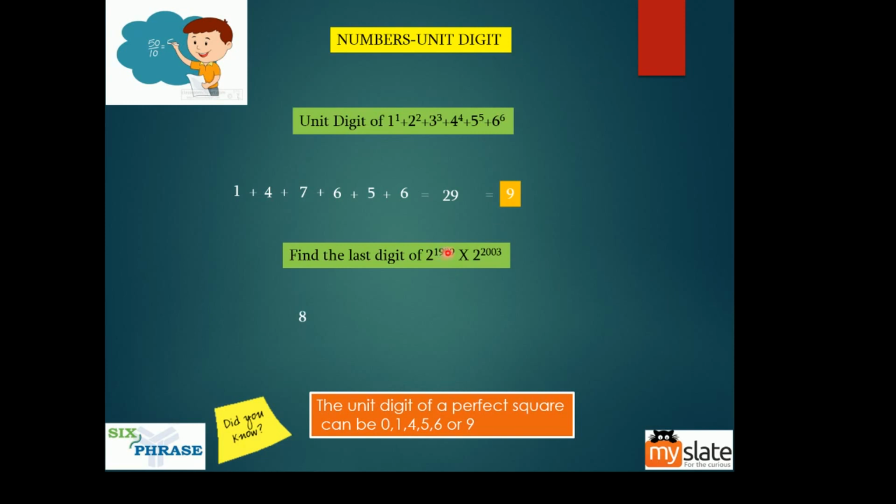The remainder is 3, guys. If the remainder is 3 for the digit of 2, you know 8 is the unit digit. Again 2003 divided by 4, what do you get? Remainder is 3. For 2, if the remainder is 3, 8 is the unit digit. So 8 into 8 is 64. So our answer is 4.